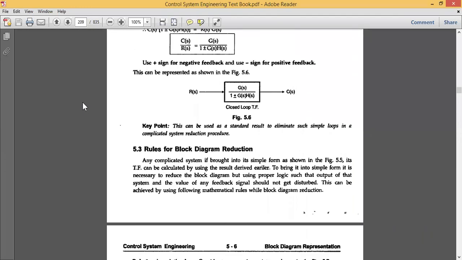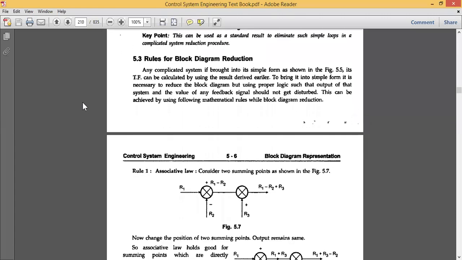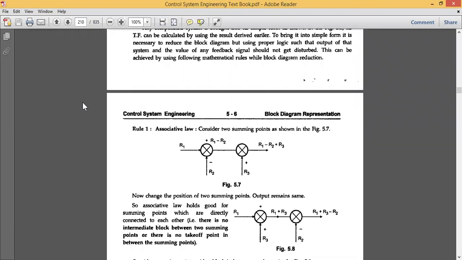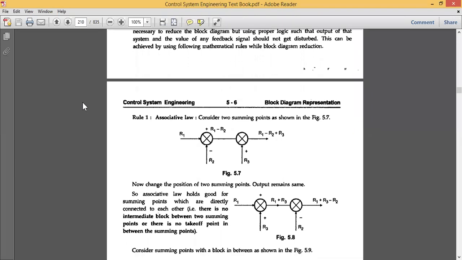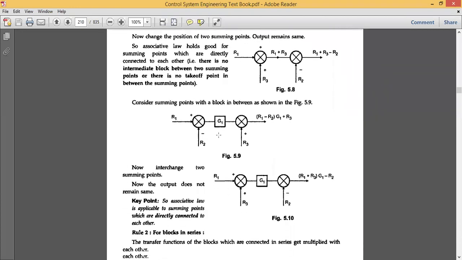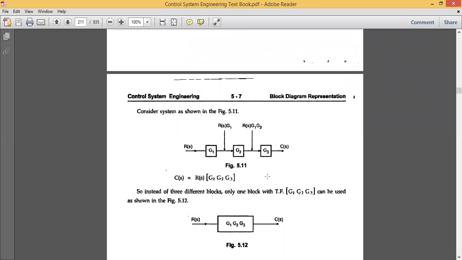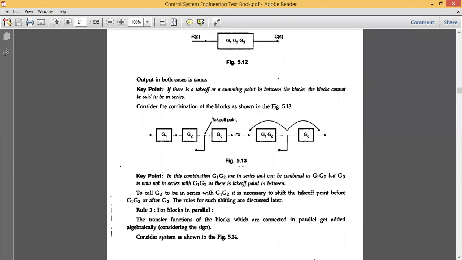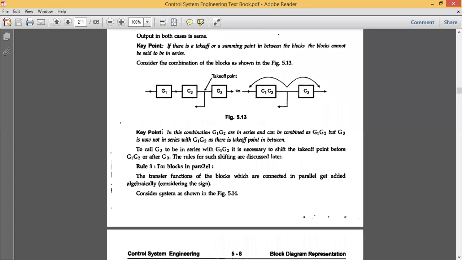Then I covered the topic of block diagram reduction rules, which is very, very important. There are some rules like the associative law: two blocks added with a summing point can be addition or subtraction. Next, if blocks are in series, they are multiplied and can be taken as one block.